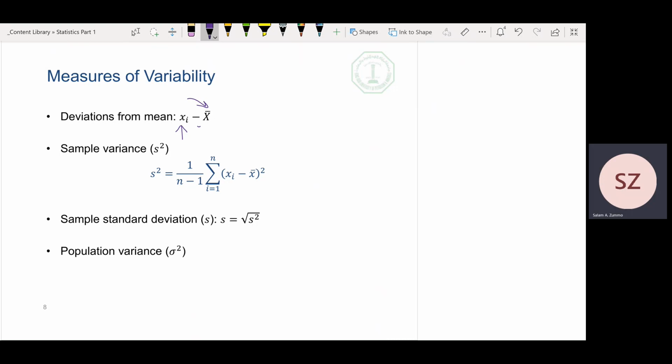In order to calculate this, we need to calculate what we call the sample variance. The sample variance is these sample points minus the sample mean, squared, divided by n minus 1, not n. Why do we divide by n minus 1, not n? We will talk about it; it is related to the unbiased estimator.